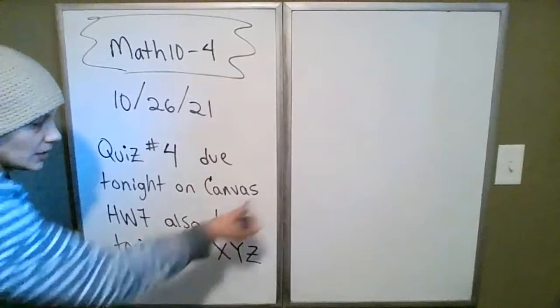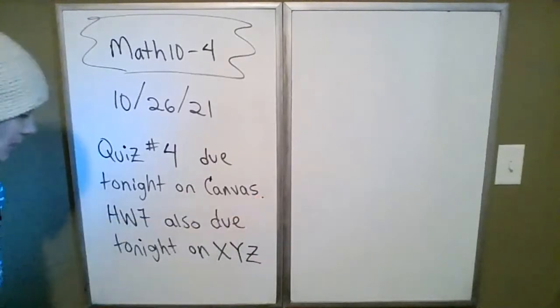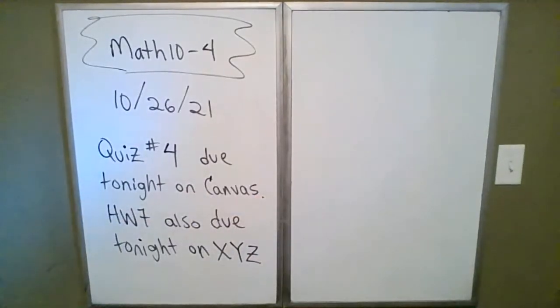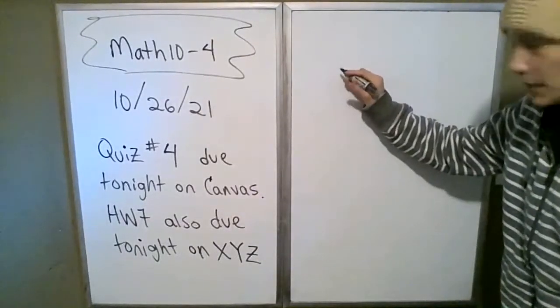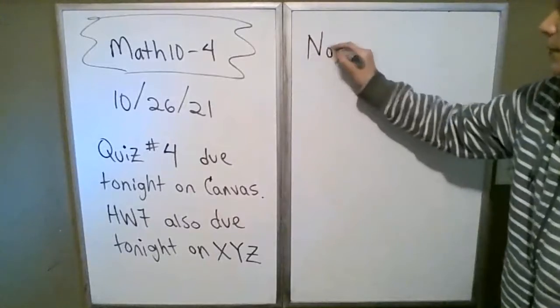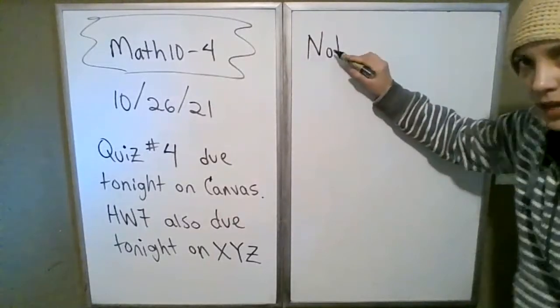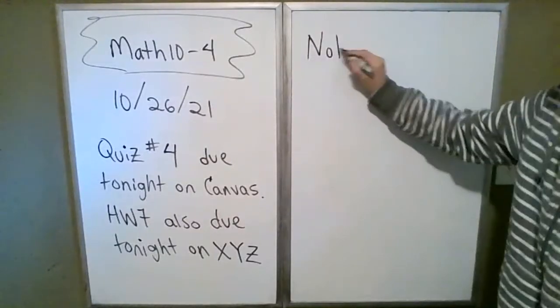I just haven't had a chance to sit down and do that. Homework 8 will be due next week on Tuesday. After that, we'll stop, review, and take a test.